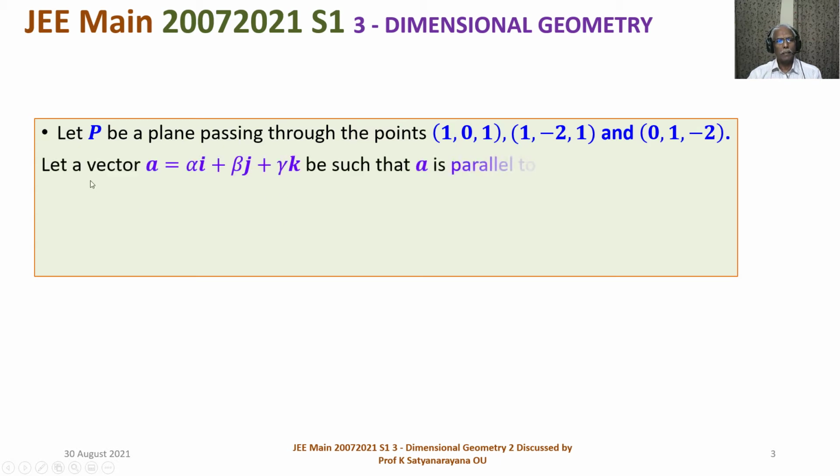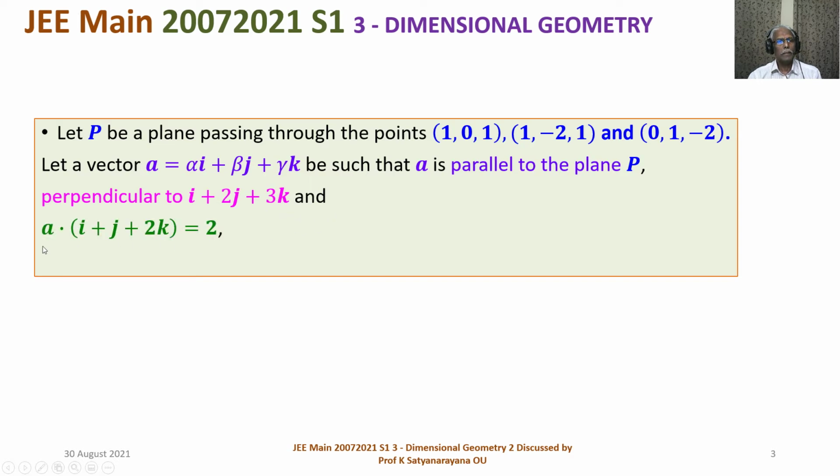Let a vector A = alpha i + beta j + gamma k be such that A is parallel to the plane P and A is perpendicular to i + 2j + 3k, and A dot product with the vector i + j + 2k is equal to 2. Then (alpha - beta + gamma) whole square is equal to dash.